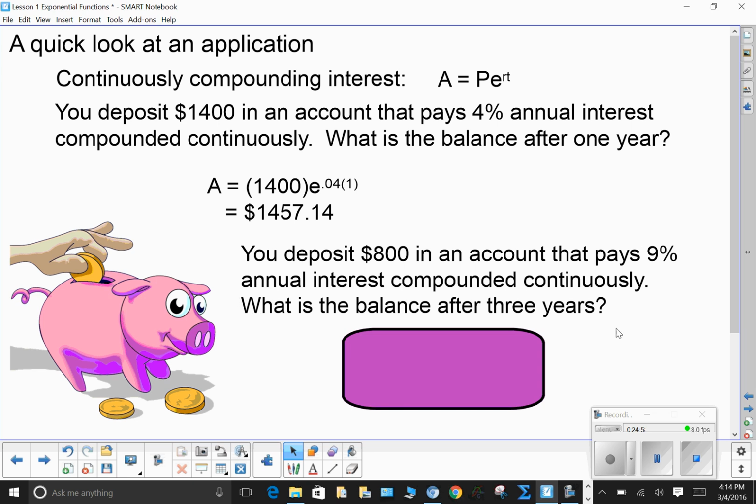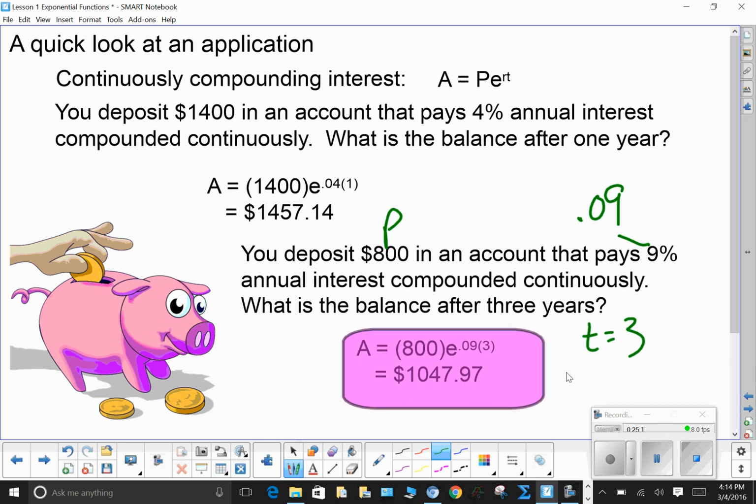What is the balance after 3 years? Okay, well here, your T is equal to 3, your P is equal to 800, and your rate is 0.09. You have everything you need to plug in. Plug the values in and get your answer.